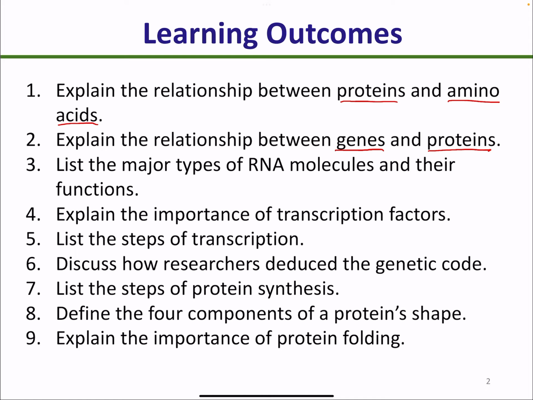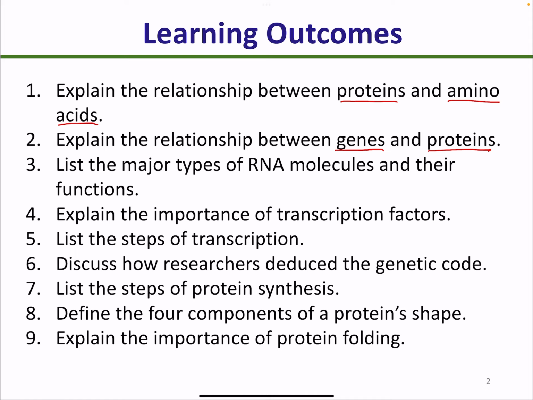From DNA to RNA, we have a process called transcription. Then from RNA to protein, we have a process called translation, right? We're going to take a look at what are the players involved in each of the processes.